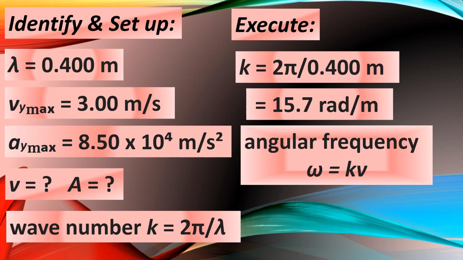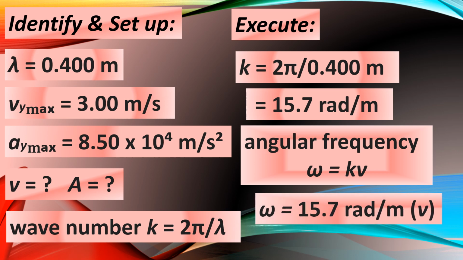Hence, we can also express omega in terms of the wave speed v. That is, omega is equal to 15.7 radians per meter multiplied by v. v is one of our target variables.